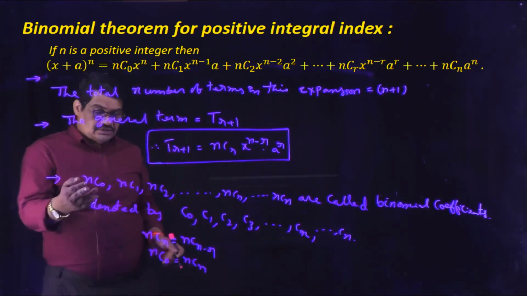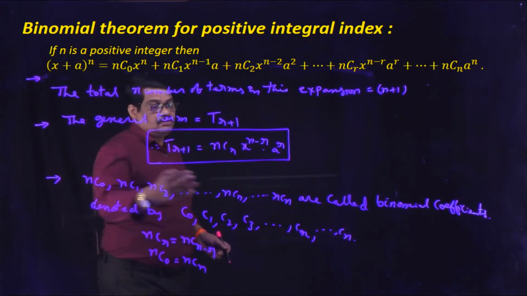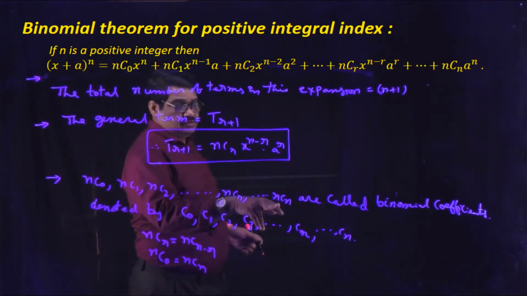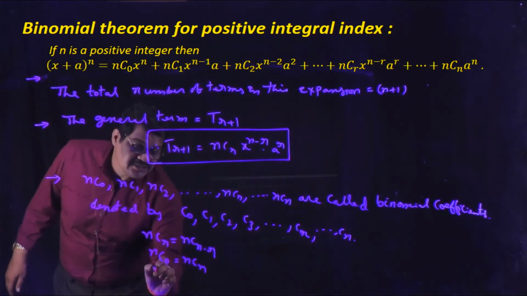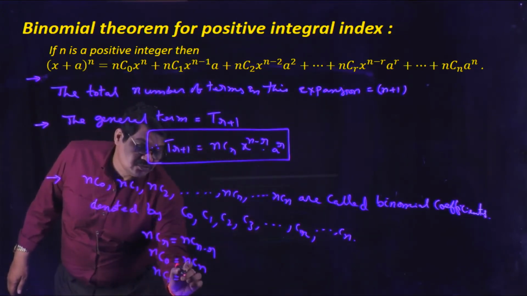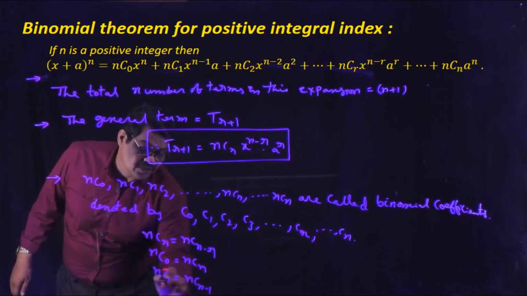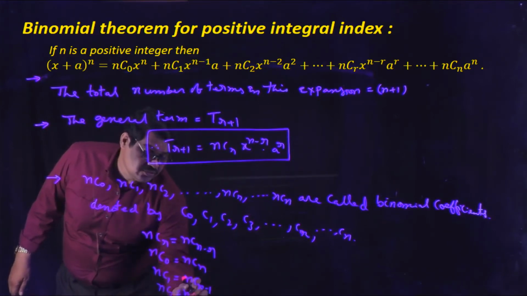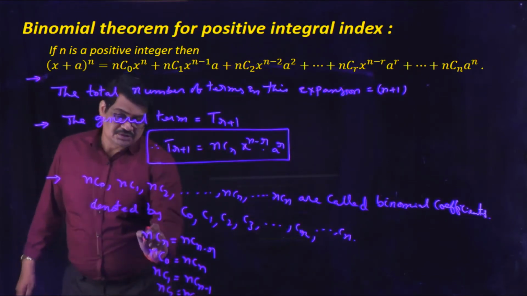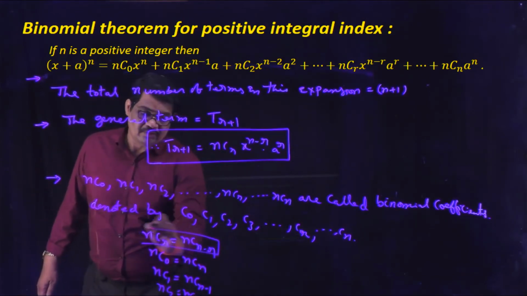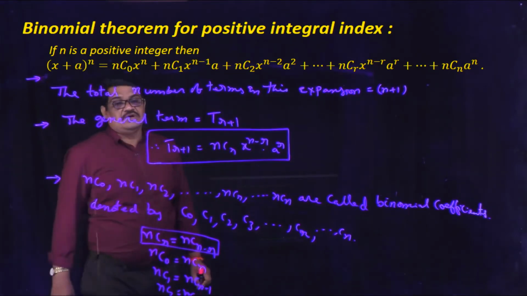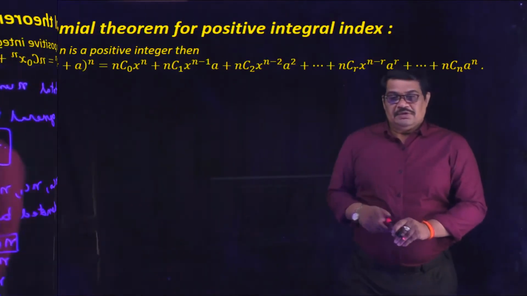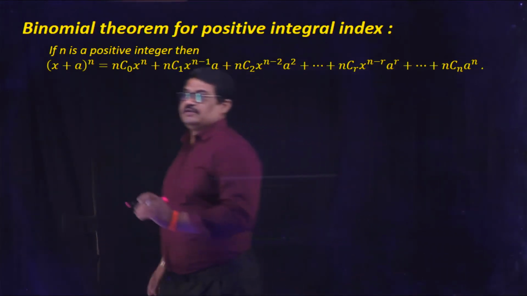So the first coefficient nC0 is equal to the last coefficient nCn. Like this, nC1 is equal to nC(n-1), nC2 is equal to nC(n-2) and so on. This is a very useful formula: nCr is equal to nC(n-r). Okay, see the next point.